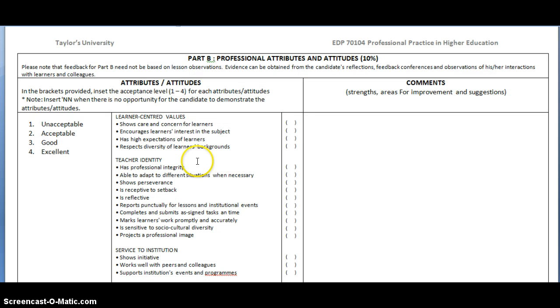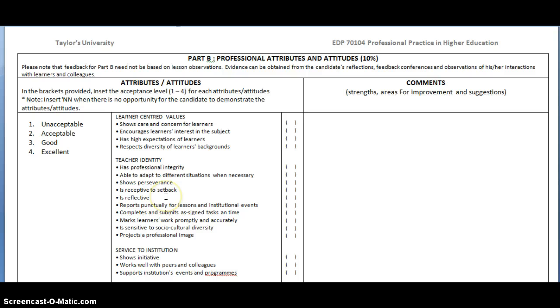Teacher identity: has professional integrity, able to adapt to different situations when necessary, shows perseverance, is receptive to setback, is reflective. So this reflective here is what I'm looking at in your reflection. So do write more and reflect on what you have learned. Okay, and after your classroom observation, I do need you to do a reflection as well.